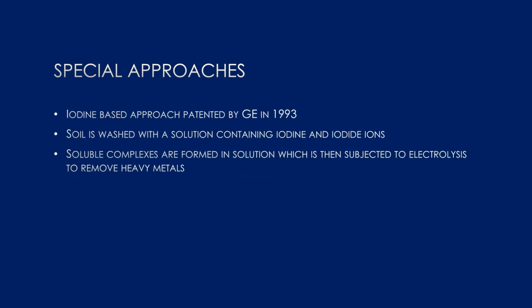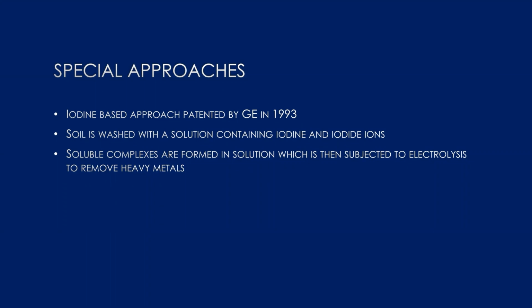A second method for inducing migration is a process that was patented by General Electric in 1993. This process uses iodine-based solutions for complexing heavy metals dispersed in soil. The soil is washed with a solution containing elemental iodine and iodide ions.